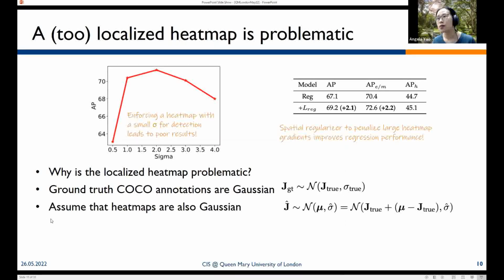And if we also assume that our heat maps are Gaussian, so here are the estimated heat maps, this J hat, then J hat is again some Gaussian distribution. It's centered at the same mu that we talked about before, and the sigma hat is how dispersed or localized our heat map is.